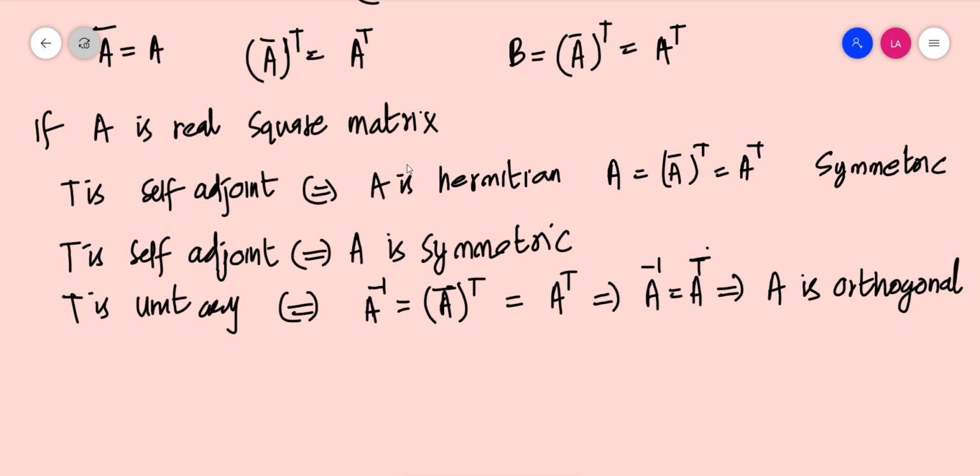In the case of a real square matrix, if the associated matrix of T is a real square matrix, T is self-adjoint if and only if A is symmetric, and T is unitary if and only if A is orthogonal. So this is the definition. So for every operator on a finite dimensional space, its properties can be interpreted in terms of the matrix as well. Thank you.